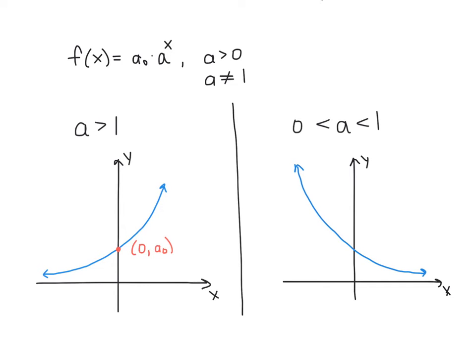The graph is concave up, and once again our x-axis is a horizontal asymptote. Again, we can plot our y-intercept there. It's given by the point 0, a sub 0. So when we go to graph an exponential function, we can expect our graph to look like one of these graphs here if our exponential function is of this form here.